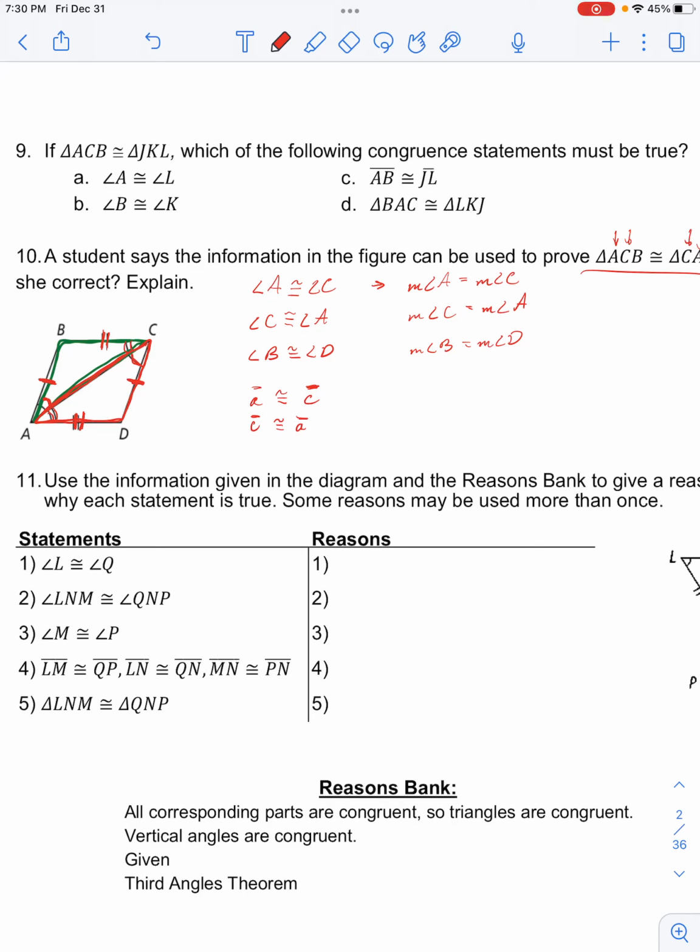And lastly, side B would have to be congruent to side D. And actually, that's easy to prove because that's the shared line in the middle.